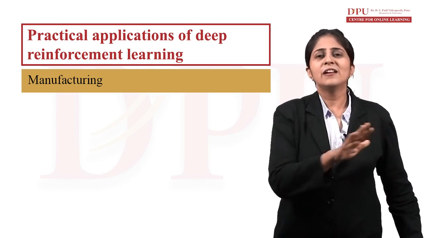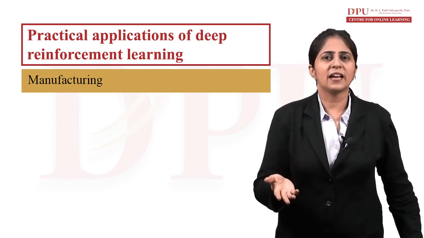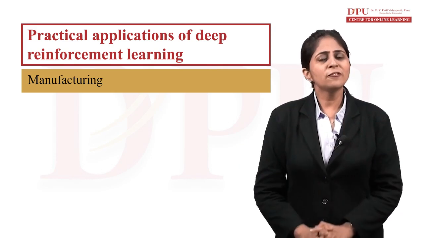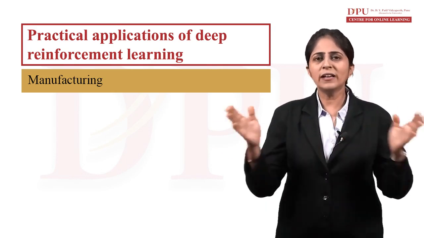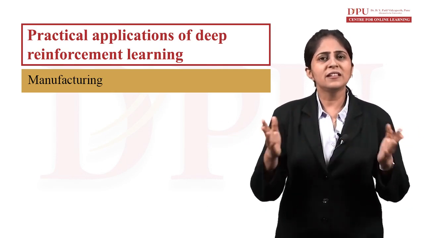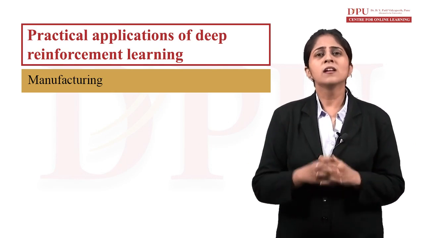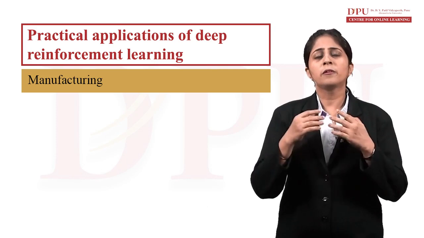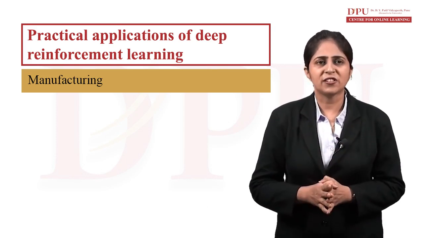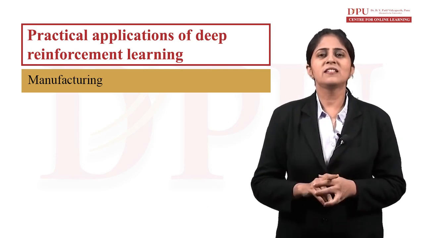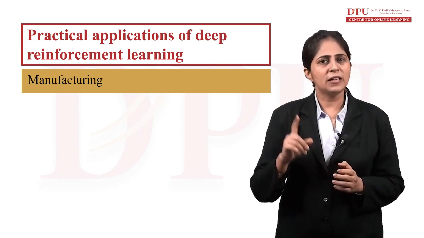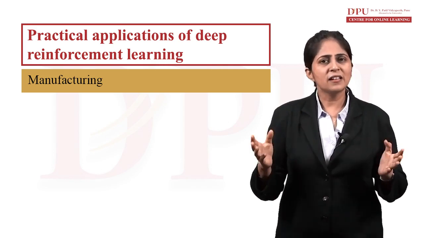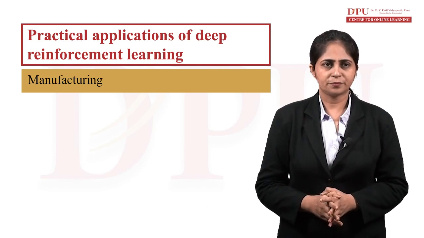If it fails, it will not perform this thing again. So in the manufacturing industry, we are nowadays using these intelligent robots which use deep reinforcement learning to perform their tasks efficiently. So this is the first application of deep reinforcement learning, that is manufacturing.